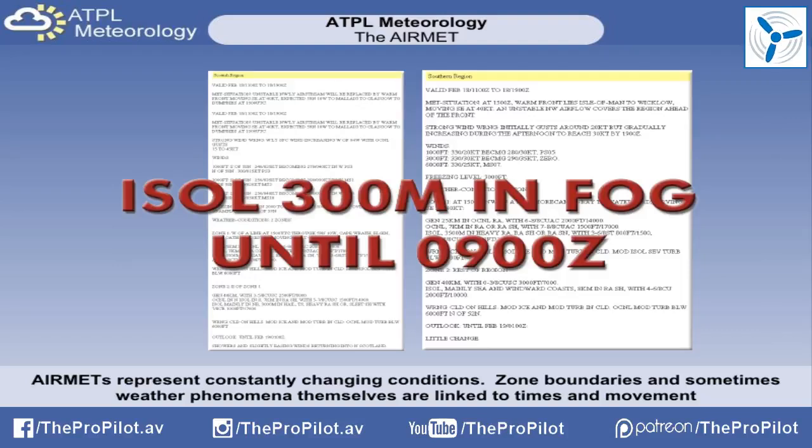Normally, though, it is the responsibility of the pilot to interpret the information in its dynamic sense. Remember that the zone boundaries are normally described relative to a time, speed, and direction of movement. You will need to gain experience in interpreting how the weather conditions may change at any place in the forecast area by interpolating the forecast accurately.